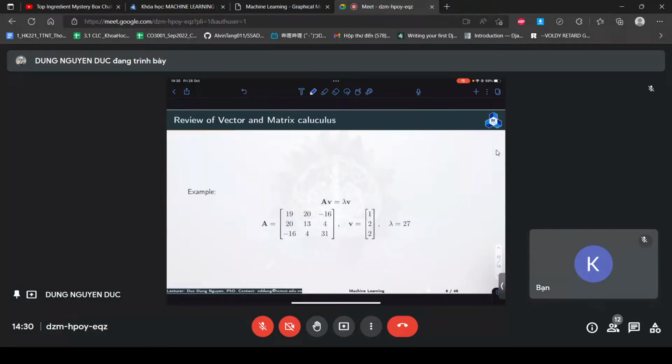Okay, so this is another example, and I think those examples are not hard. It's just complicated because you are working on a 3 by 3 matrix. So if this is a 3 by 3 matrix, then calculate the determinant. Calculating the root of this equation is not trivial.